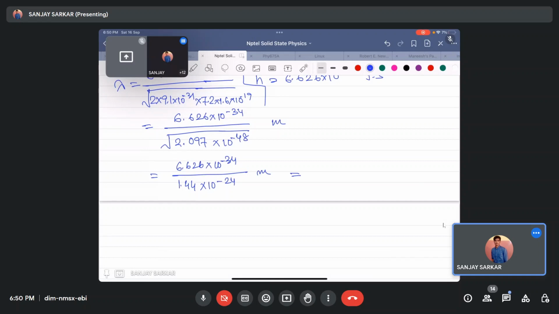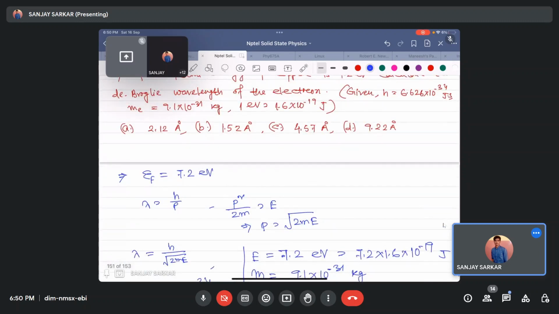That means 6.626 divided by 1.44, that is 4.6 into 10 to the power minus 10 meter, which is 4.6 angstrom. So 4.57 angstrom. So option C is correct, I think.